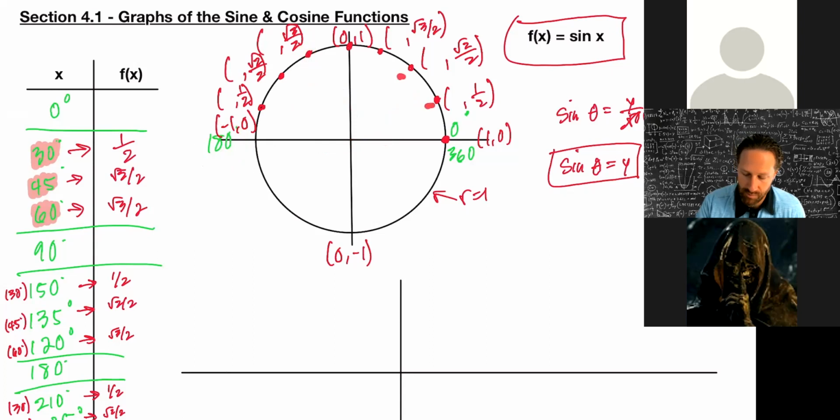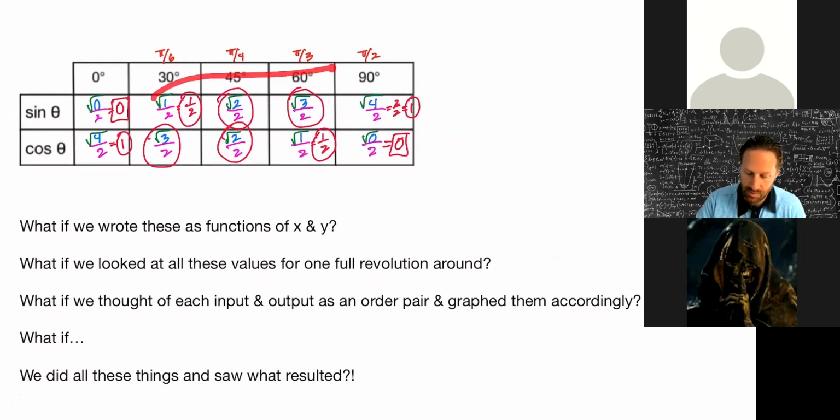And again, with all of these points up here and the 1/2s, the √2/2s, and the √3/2s, what are we going to get for the 30, the 45, and the 60 in these two quadrants? We're going to get the same values, just like we talked about here. For any time there's a 30, 45, or 60, that's what we get for sine.